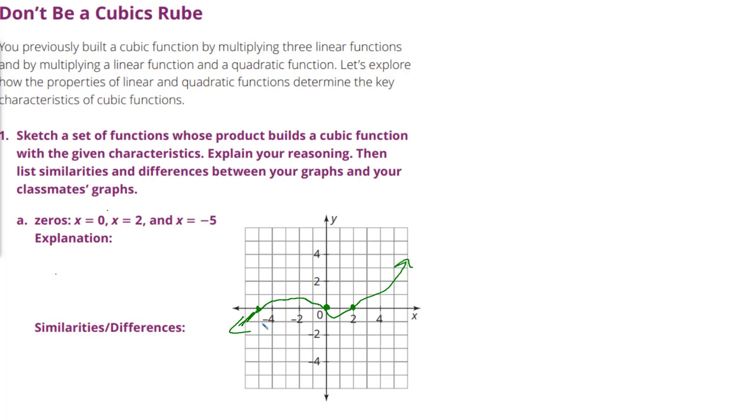What are some things that are the same between my graph and your graph? Did we all go through the same x-intercepts? Yes. Okay. Did we all have 2 extrema? So we all went through the same x-intercepts. We all had 2 extrema.